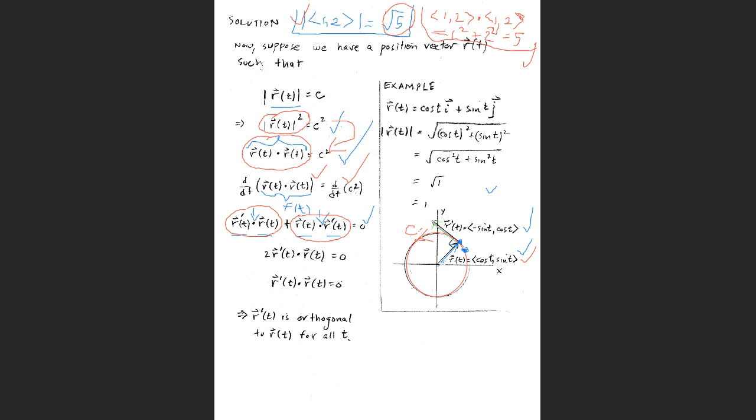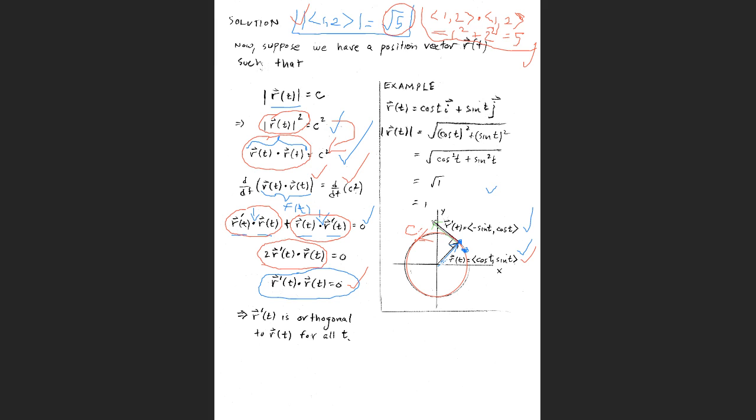And therefore, since they're equal, on the left side we have 2 times the dot product of the derivative of r with r. But then I can divide both sides of the equation by 2, and I get that the dot product of the derivative of r with r is equal to 0 for all t.